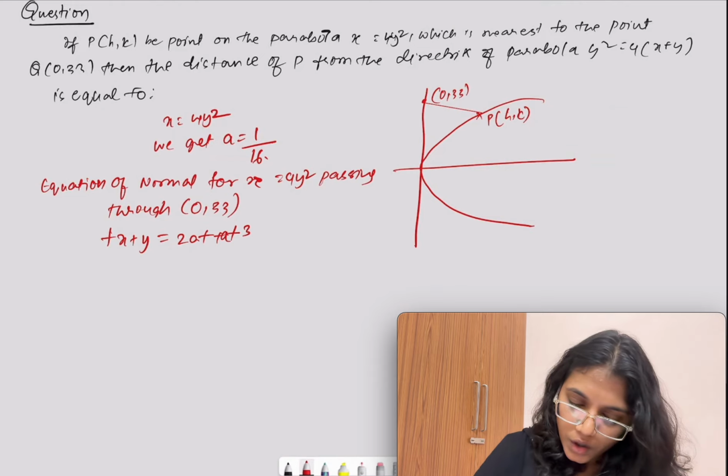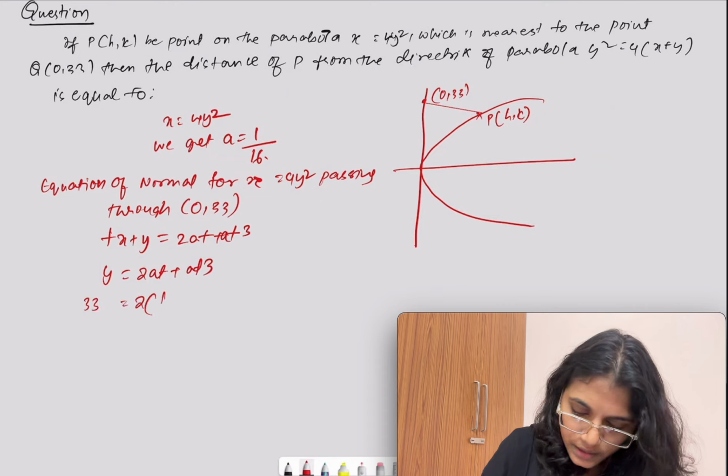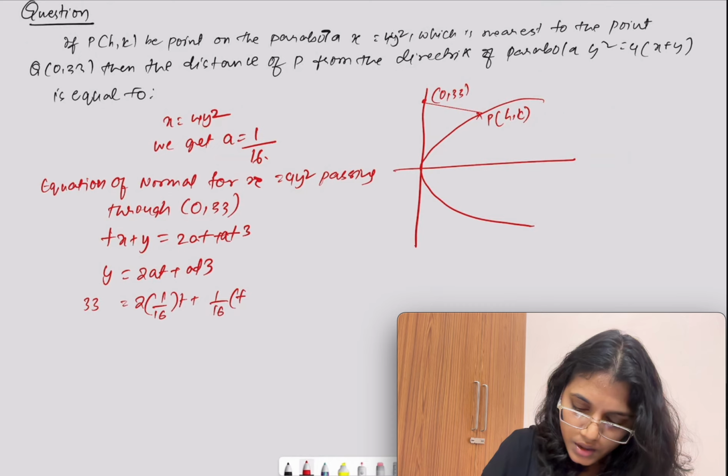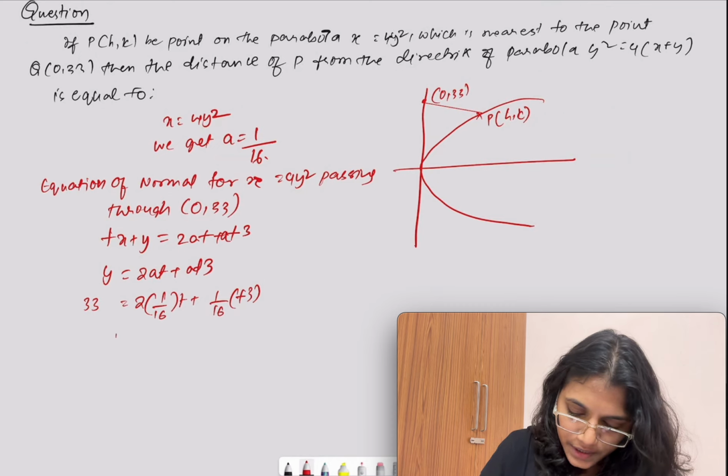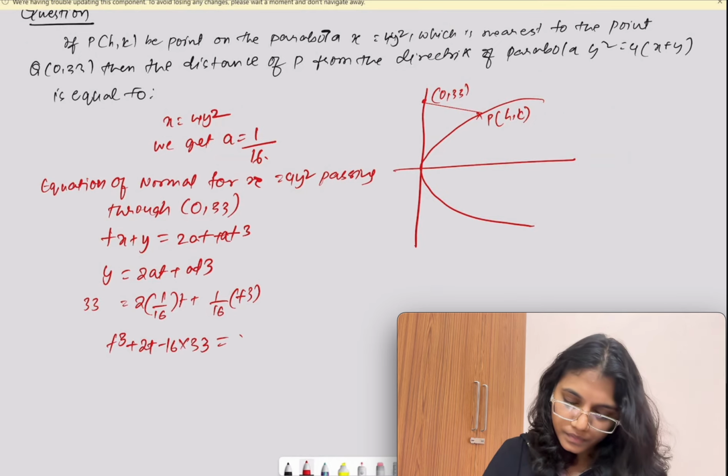So on substituting x is equal to 0 and y is equal to 33, we get y is equal to 2at plus at cube. Then 33 is equal to 2 into 1 by 16 into t plus 1 by 16 into t cube. So the equation will be t cube plus 2t minus 16 into 33 is equal to 0.